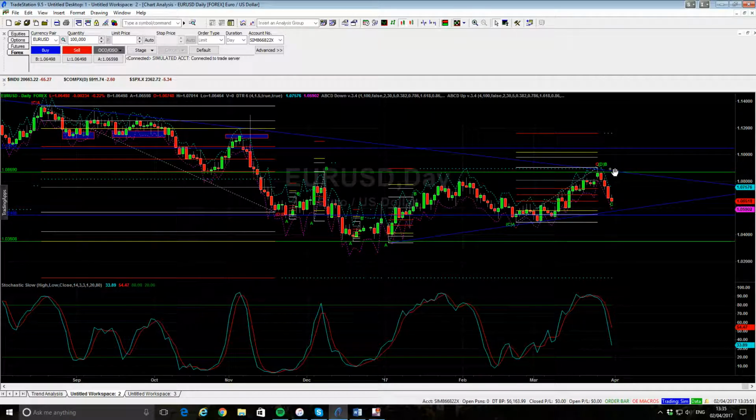For example, in my recent videos, I've been talking about 1.09 being very significant in the Euro USD. That's up here. The reason why I chose this level was because of the confluence of the Fibonacci D, the stochastic being overbought, and the trend line coming into play.